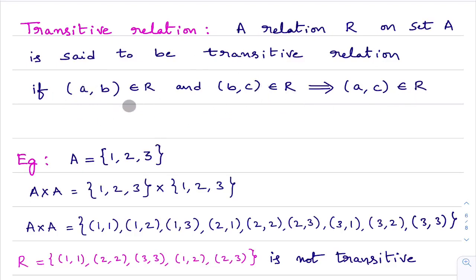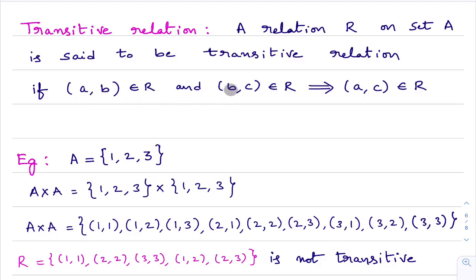I hope you understand what is a transitive relation. First of all, it is a relation on set A. Second point, if you can identify two ordered pairs in the given relation, which are ordered pairs A comma B and B comma C. Here what is the point? This B, it ends with B, it starts with B. Such type of ordered pair, I'll explain this in detail in the example.